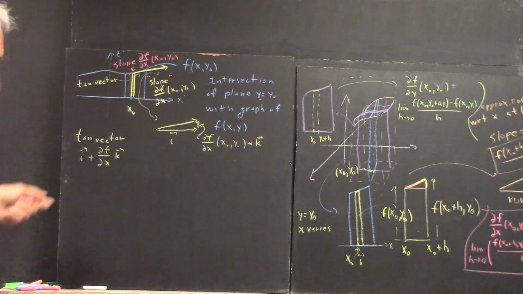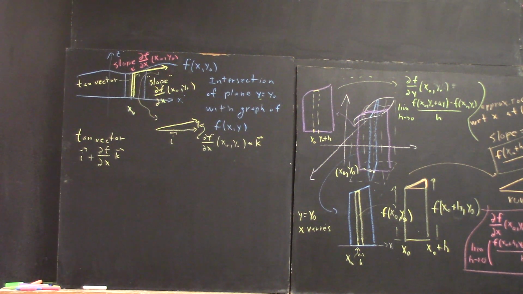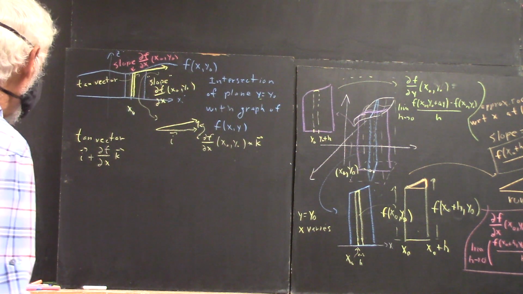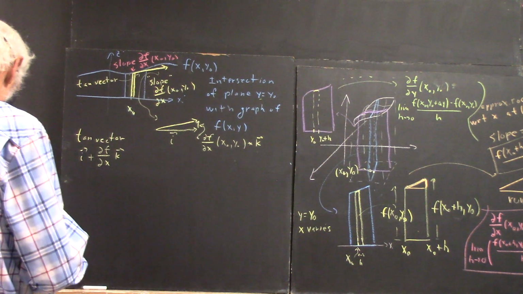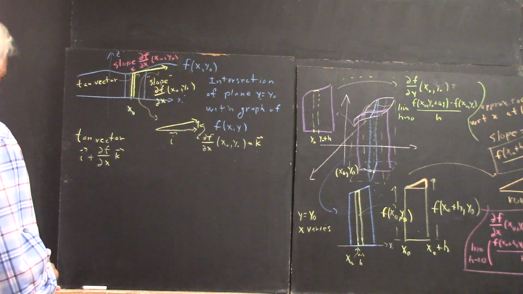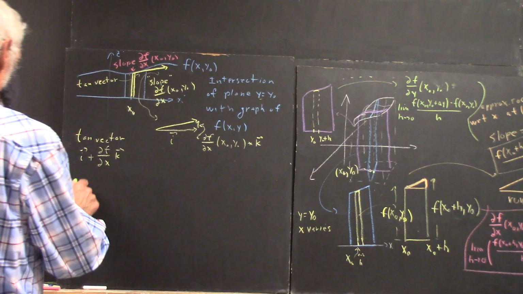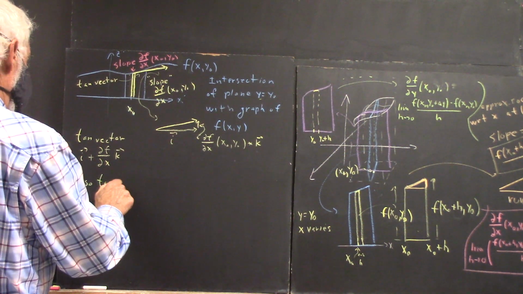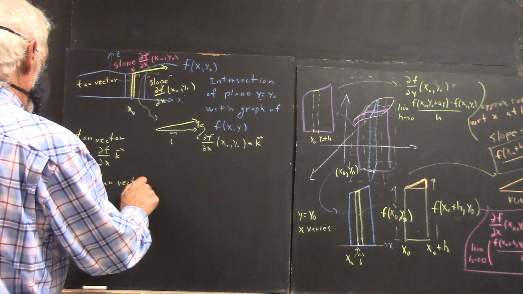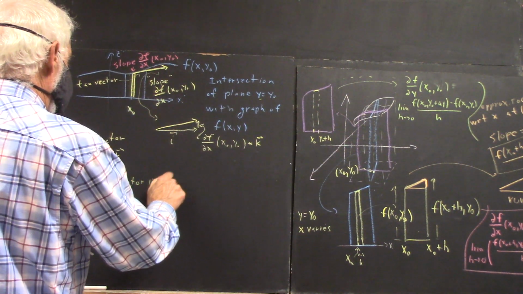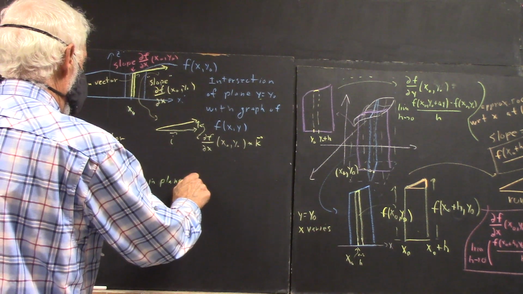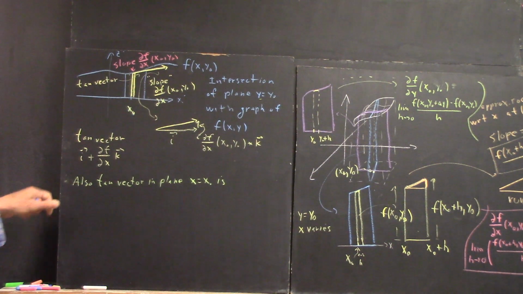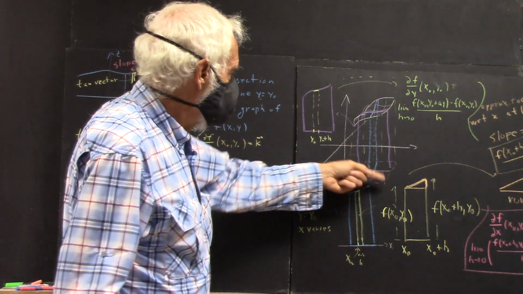Okay, well, this tangent vector is really important. I'll say it again and again. We're going to use it again and again. Okay, then we also have, what's a tangent vector in this plane?